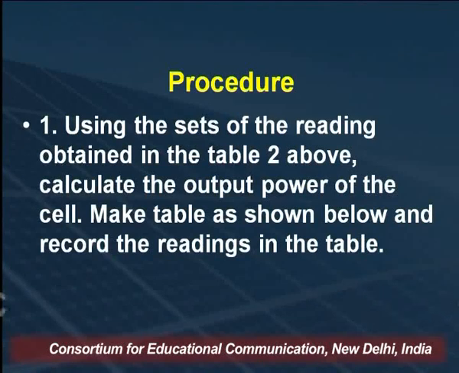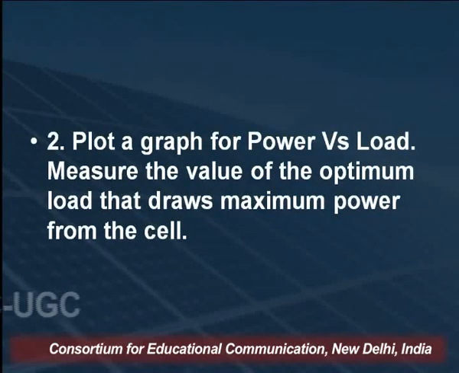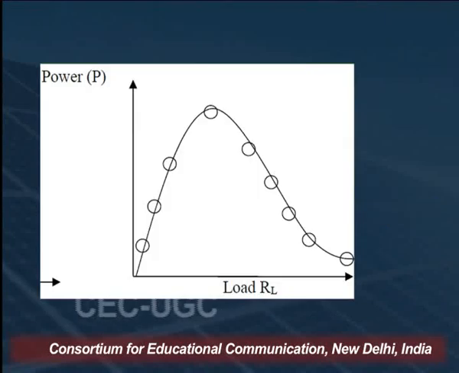Now what is the procedure to get the power versus load? First, using the set of readings obtained in the table, calculate the output power of the cell. Make the table by recording the readings, then plot a graph. What readings will we note? We note the value of the power as well as the load.